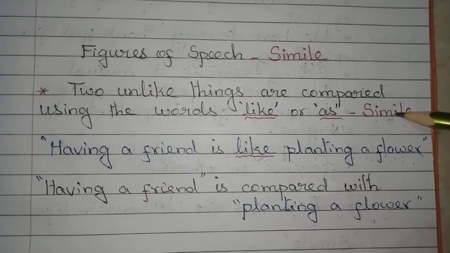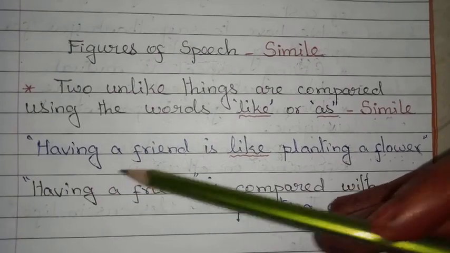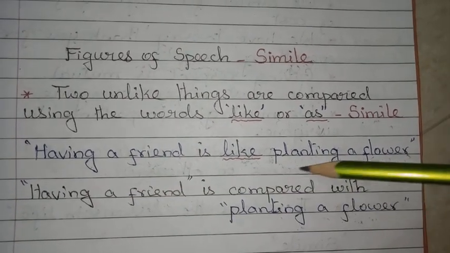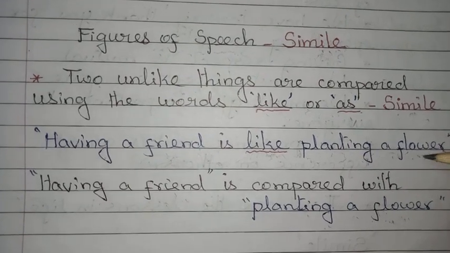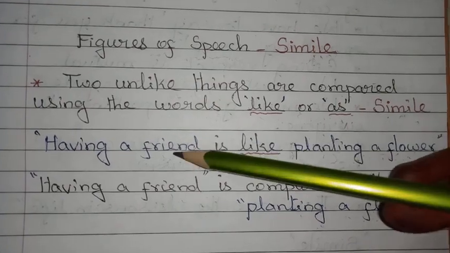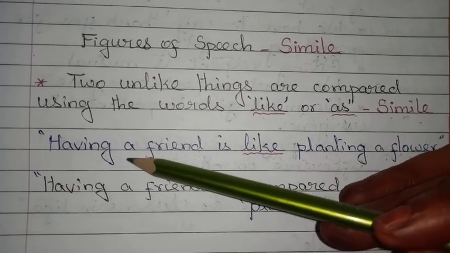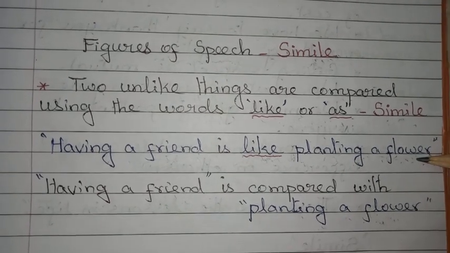For example, see the first line of the poem. Having a friend is like planting a flower. In this poetic line, the poet compared two unlike things, that is having a friend and planting a flower.